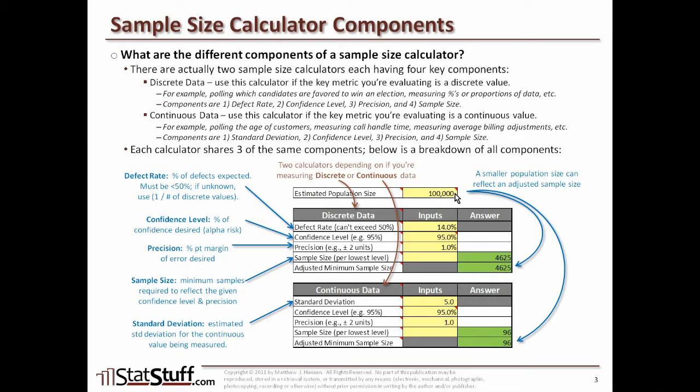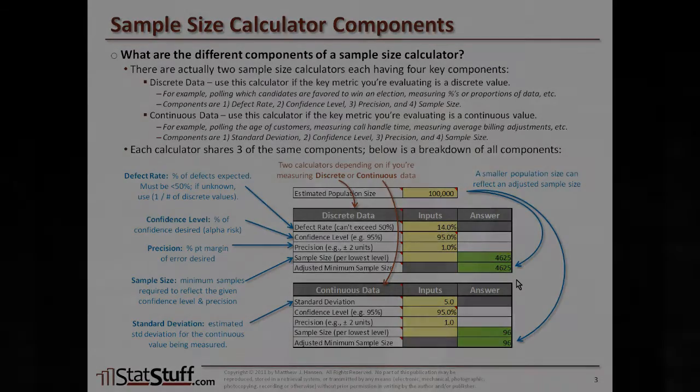Adding more to this population size is not going to change at all the sample size that's needed to be collected. However, if you reduce your population to something smaller, then you may see the adjusted minimum sample size getting smaller, which means you can use that. So between the two numbers that are available, you can just select whichever one is smaller, and that could be your minimum sample size that you need to collect for that particular data analysis.